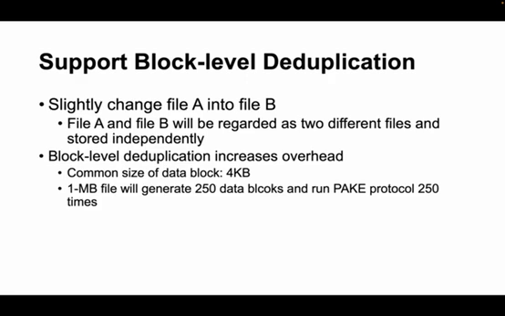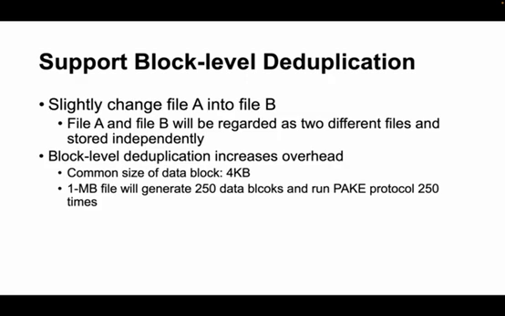One approach to handle this issue is block-level deduplication. To be more specific, block-level deduplication divides the file into several data blocks, and the client uploads these blocks to the cloud.